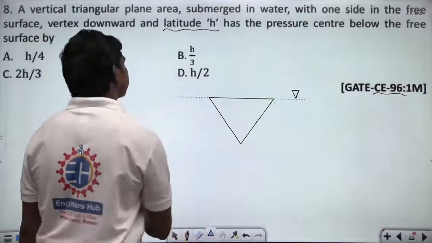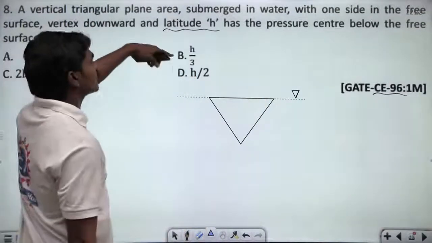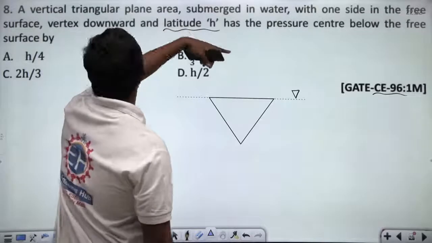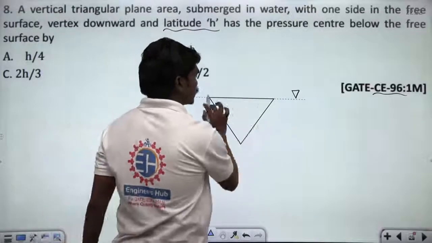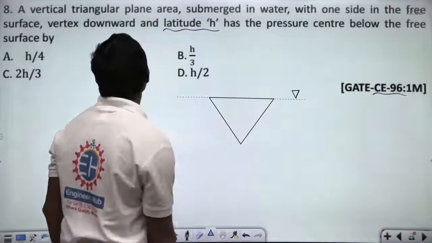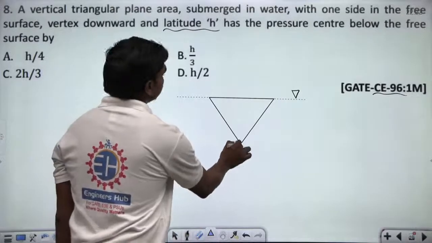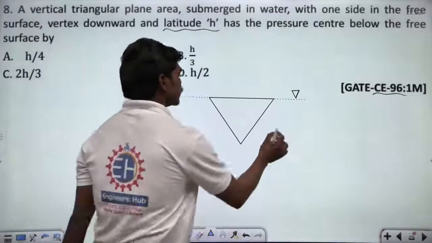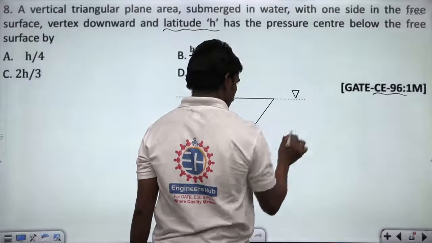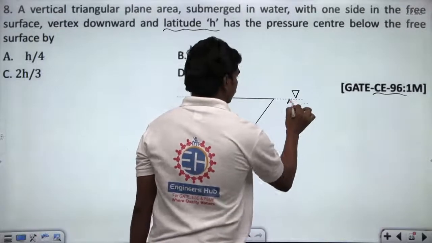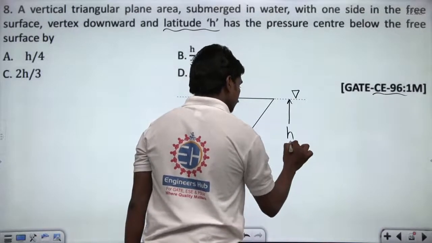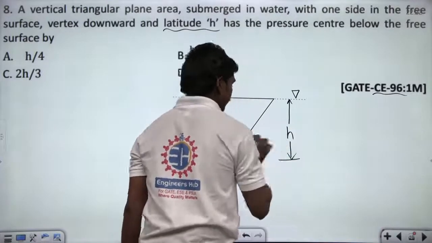So this is how the triangle is located, correct? A vertical triangular plane area submerged in water with one side in the free surface, and vertex downward. Of course the vertex of the triangle is downward and altitude h, so basically this height is h.